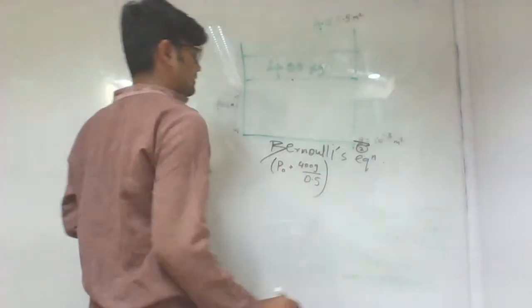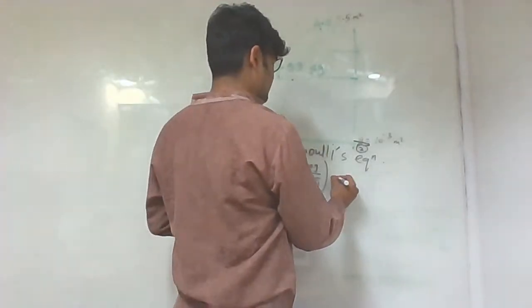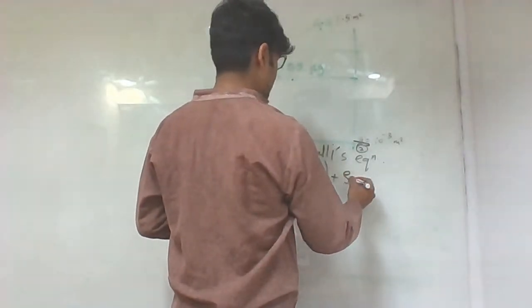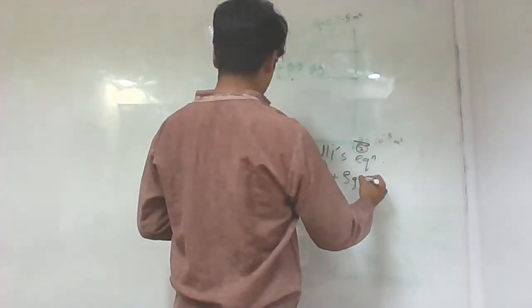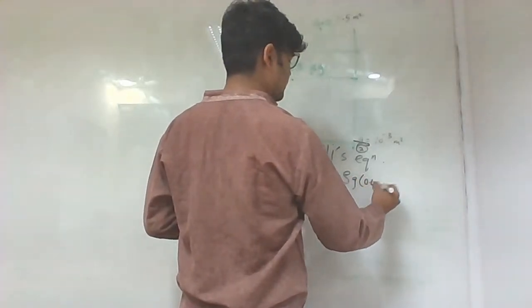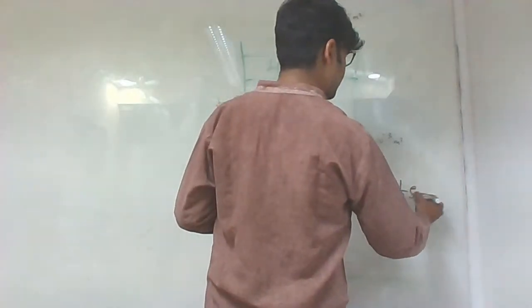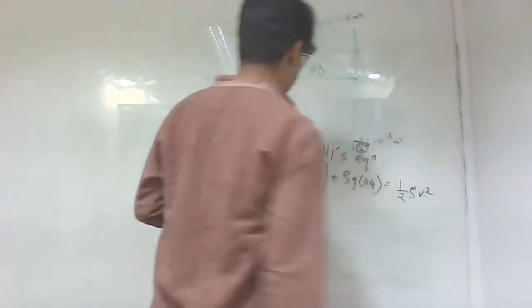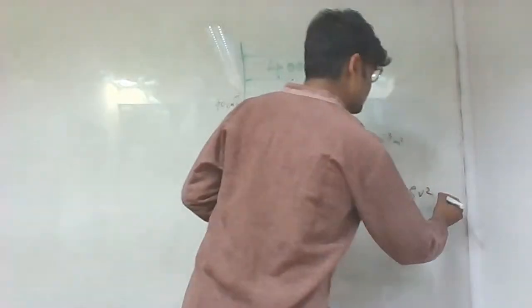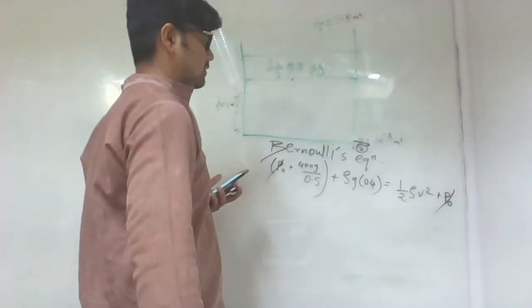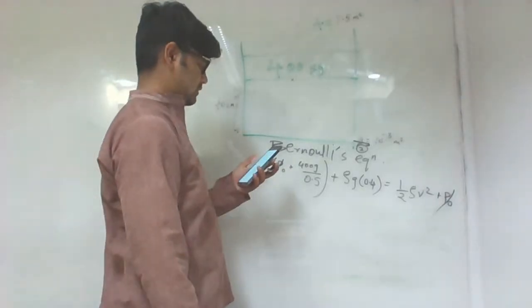This is the pressure element, and rho gh, which is 0.4. And here it is just the velocity element, half rho v square, plus atmospheric pressure.